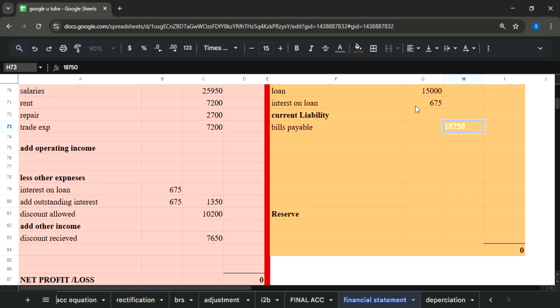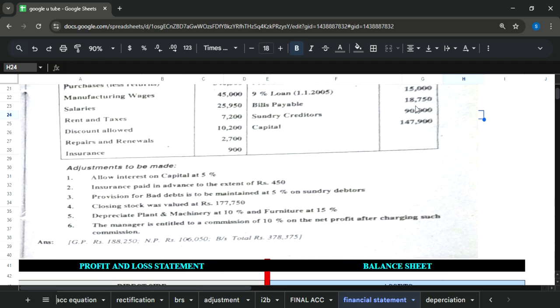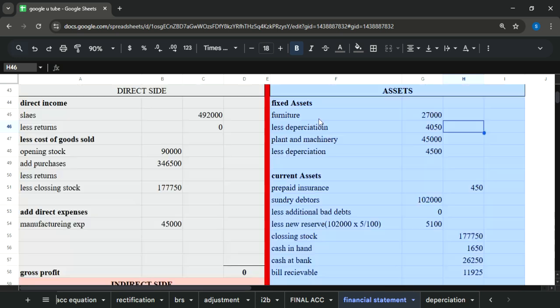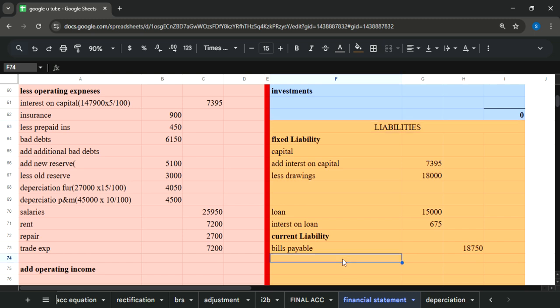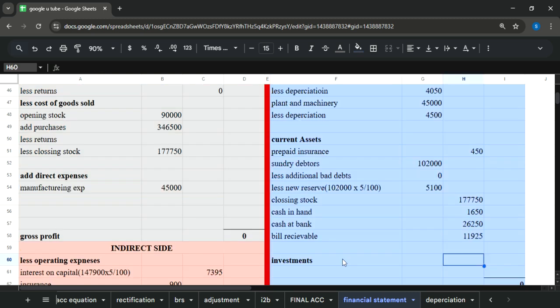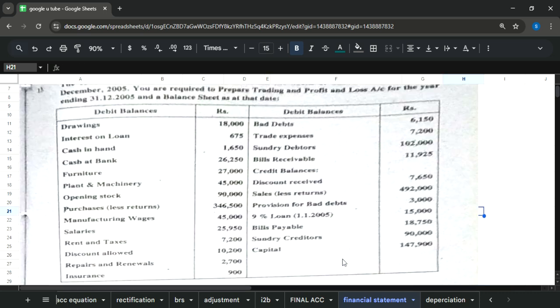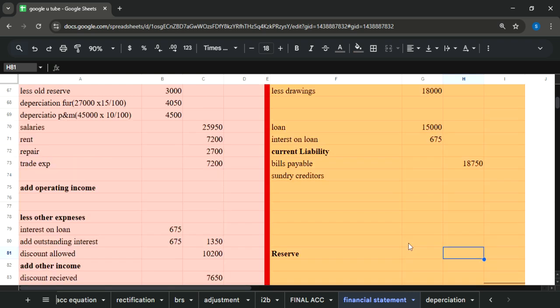After bill payable, we have sundry creditors, same place, and you will mention the amount of sundry creditors, 90,000. So here we will write 90,000 as the amount of creditors.